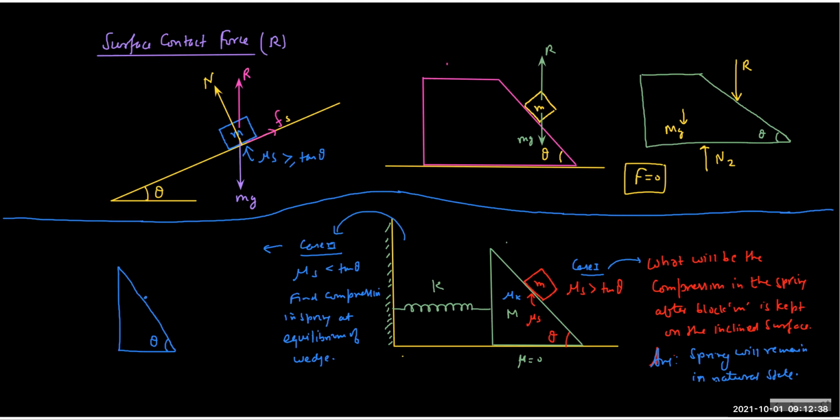If something is moving from here to here, the path is this way. So it has some horizontal acceleration, and the horizontal component of the reaction force will do the same job.